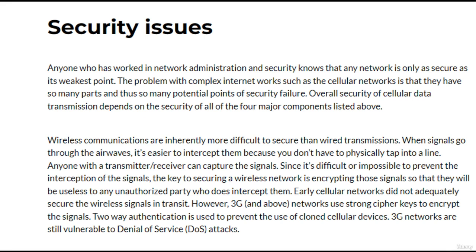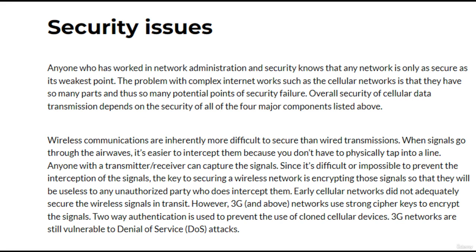Anyone with a transmitter receiver can capture the signals, since it's difficult or impossible to prevent the interception of the signals. The key to securing a wireless network is encrypting those signals so that they will be useless to any unauthorized party who does intercept them.